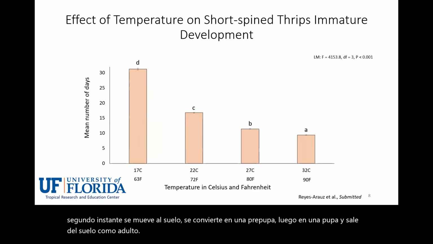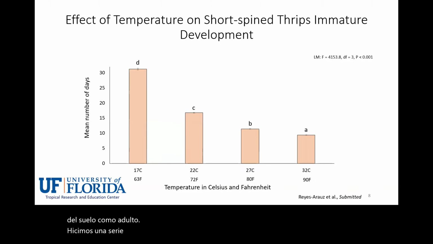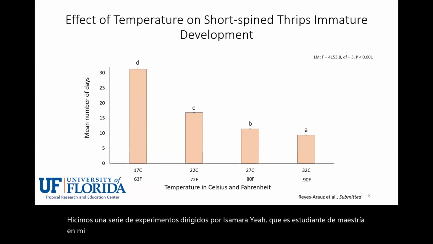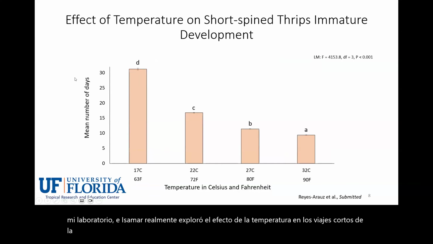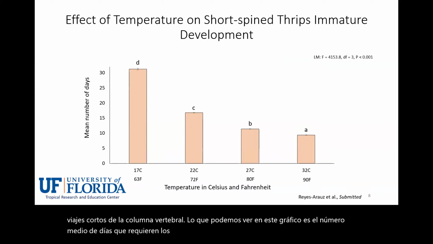We did a series of experiments that were led by Isamar Reyes, who is a master's student in my lab. Isamar explored the effect of temperature on short spine thrips development. What we can see in this graph is the average number of days that the thrips require to complete their immature development, from the egg stage until they become adults.